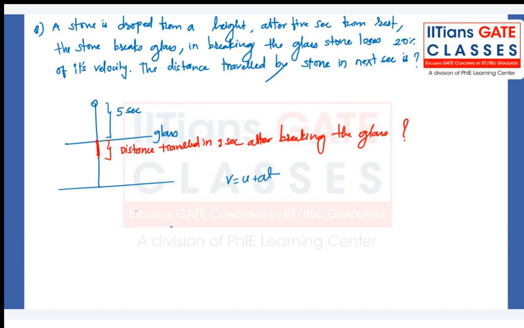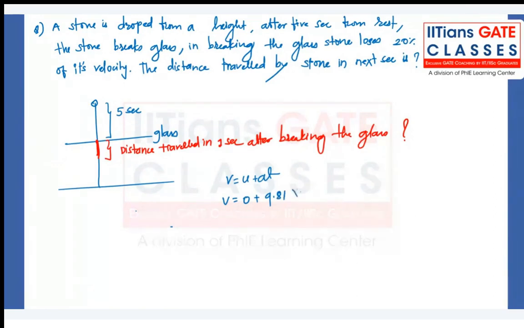So v you have to calculate. u is 0 because after 5 seconds from rest, they are saying, initially velocity is 0. So v is equal to 0 plus a, the acceleration due to gravity, that is 9.81, into time, which is 5.